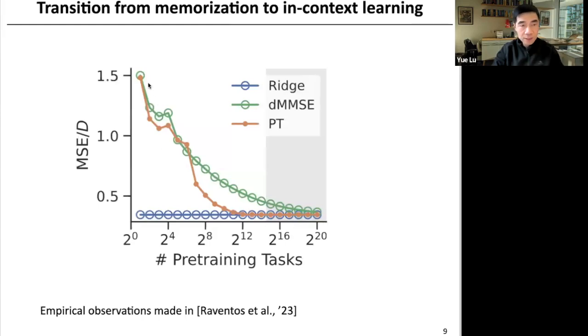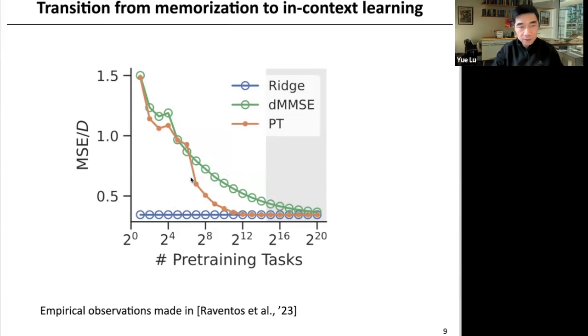Going from left to right, you are having more and more diverse task vectors in the pre-training data set. Now, the green curve is the performance of the discrete MMSE estimator, and the blue curve is the optimal ridge estimator. That is the Oracle optimal performance. The orange line is the performance achieved by a nonlinear transformer. I think the architecture is a GPT-2 architecture.